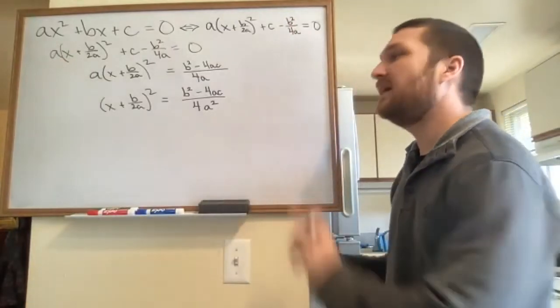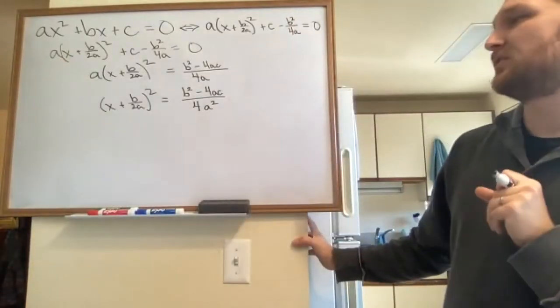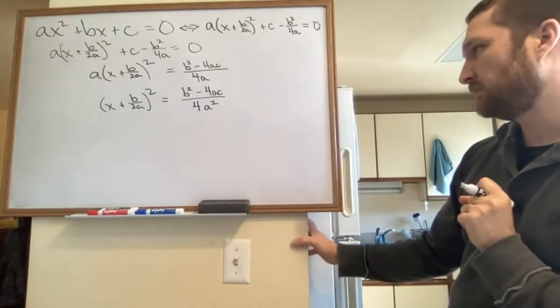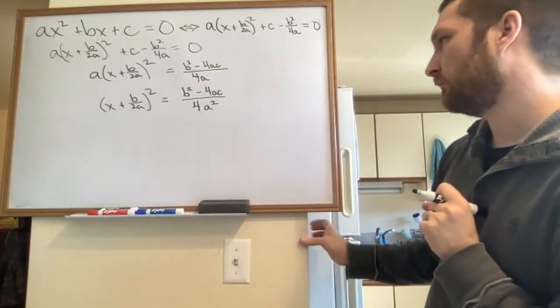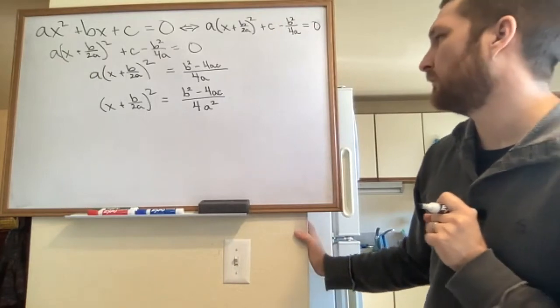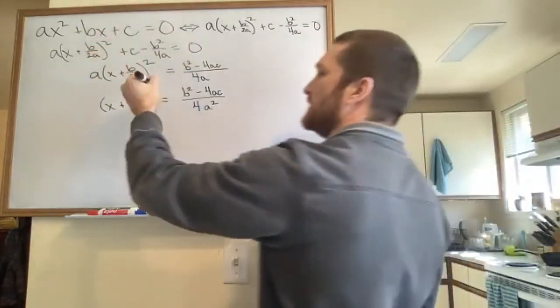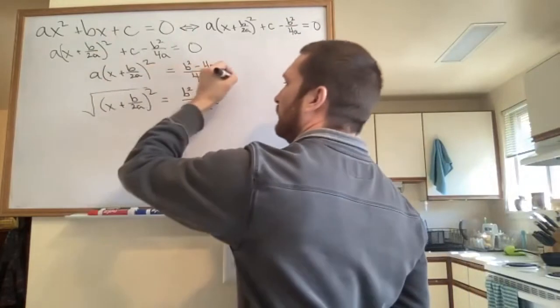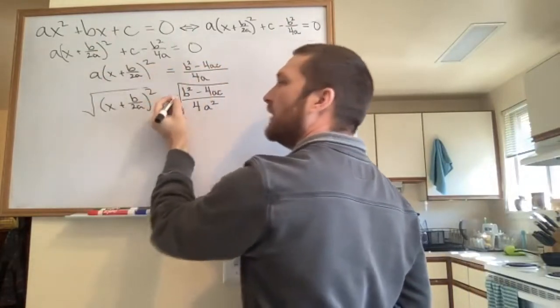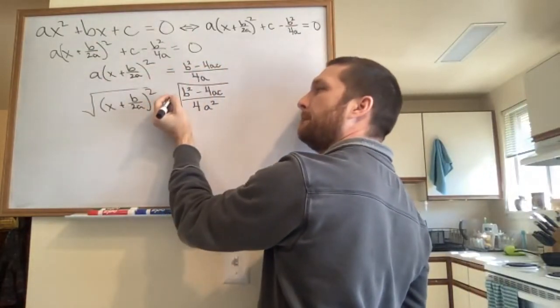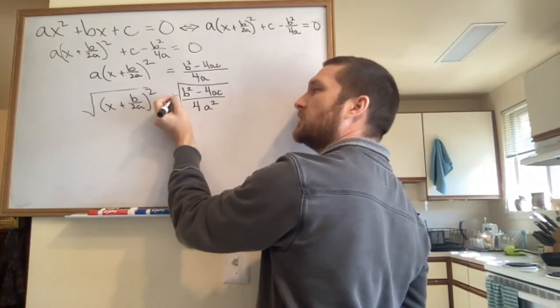So I'm going to do that. Now what do we do to solve for x? Take the square root. Square root of both sides. And when I take a square root, I get what? Plus or minus.